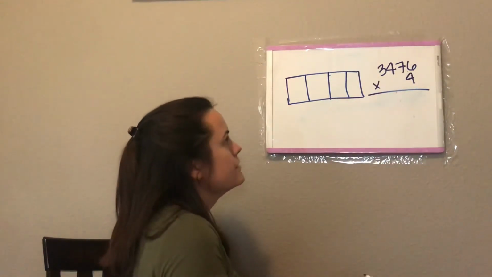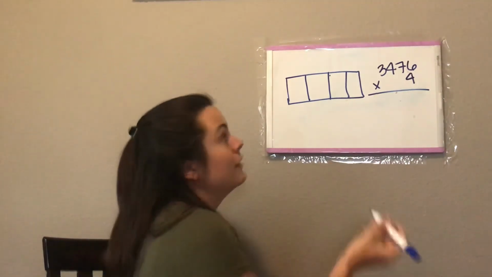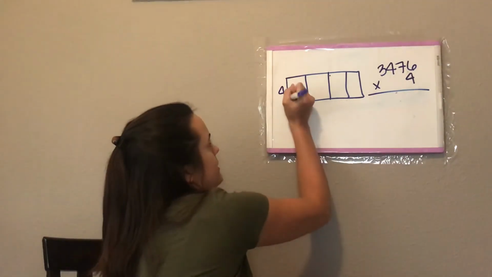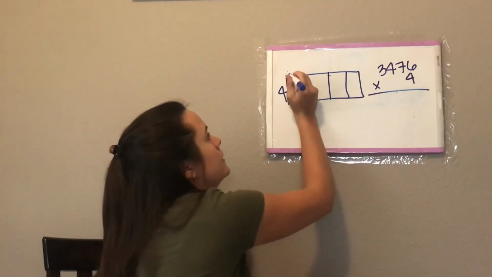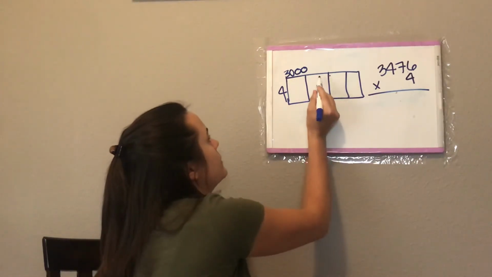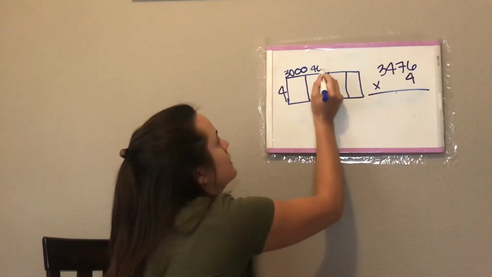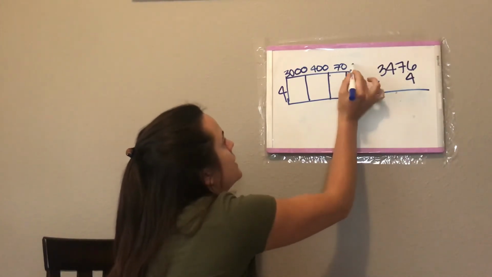Alright, and then where does the multiplier go? Yeah, right here. And so what number is going to go here? 3,000. And then this one, 400. And this one, 70. And then 6.